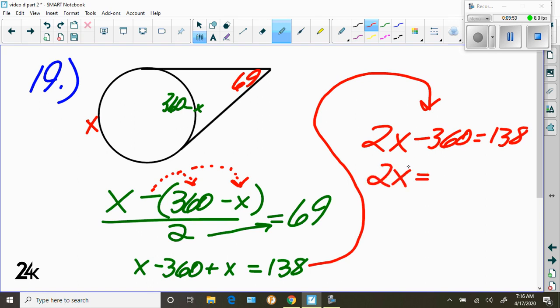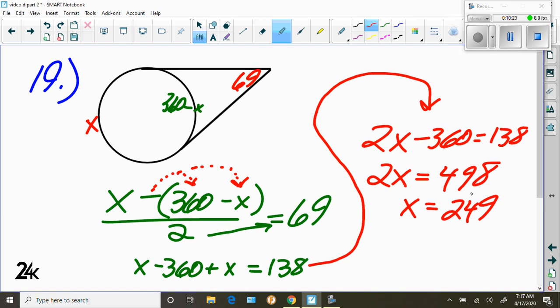So I'm going to do 138 plus 360, which is 498. Then I'm going to divide by 2 and get 249. Okay? So x is 249, and I could figure out the smaller arc if I wanted to, but it's all good.